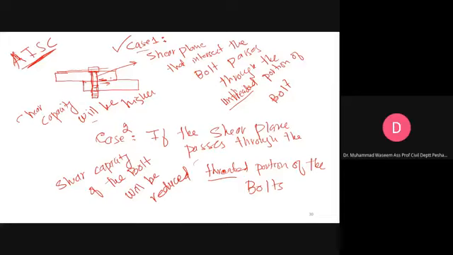In the first case the bolt resists more shear force, and in the second case the shear capacity of the bolt will be reduced. This is according to the AISC specification.